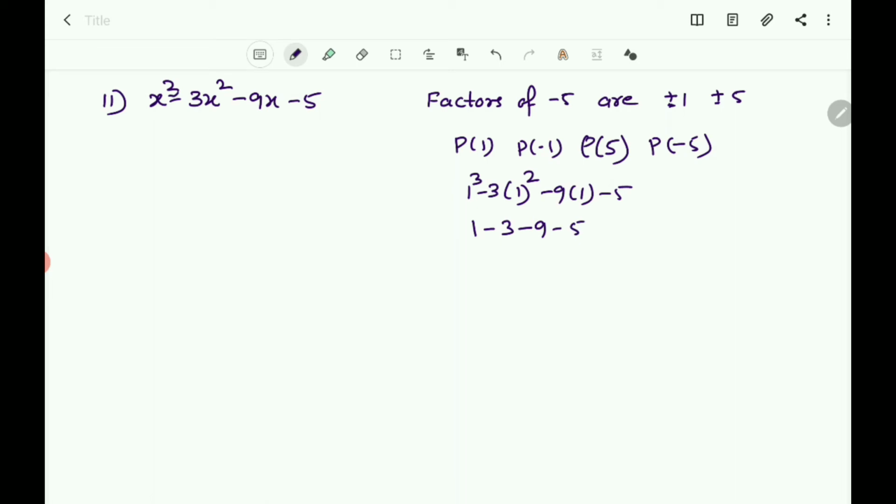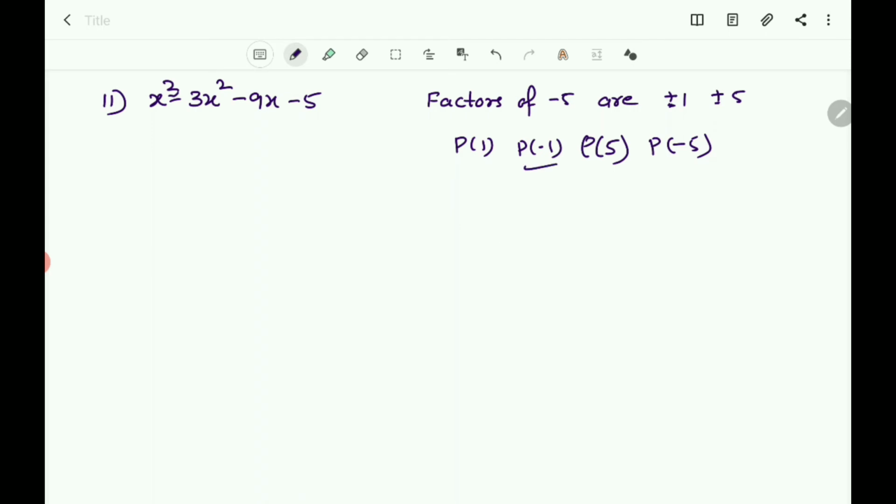The sum of all the negatives becomes 17, so 1 minus 17 you will get, that is equals to minus 16, not equals to 0. So then what can you say here? This is not a factor. P of 1 you can't take here.